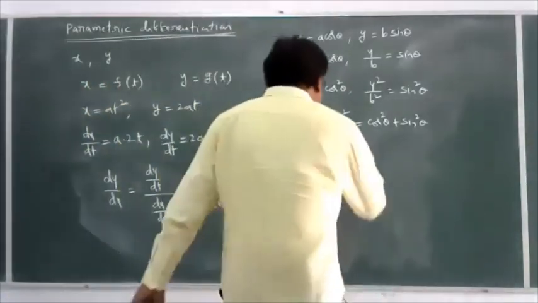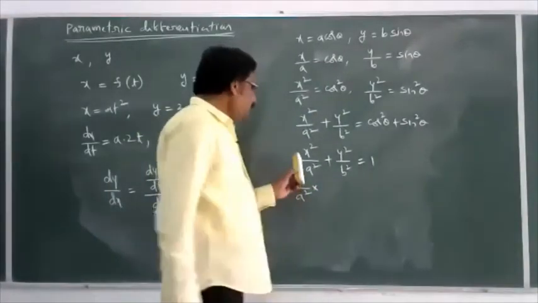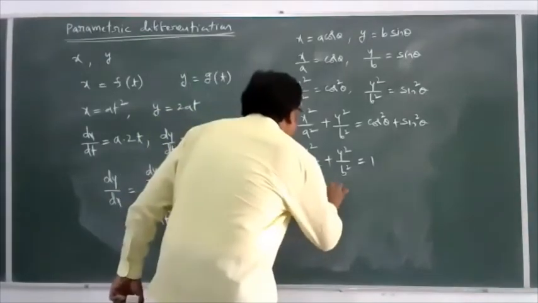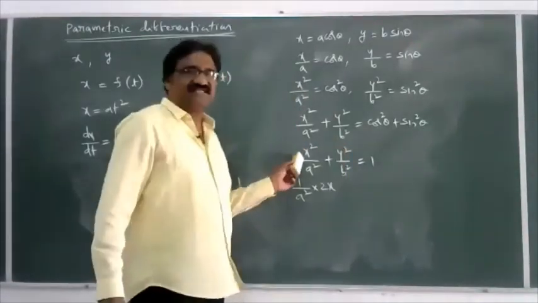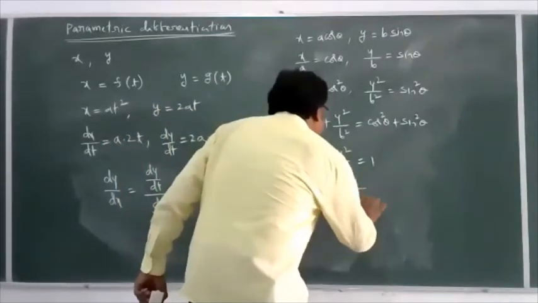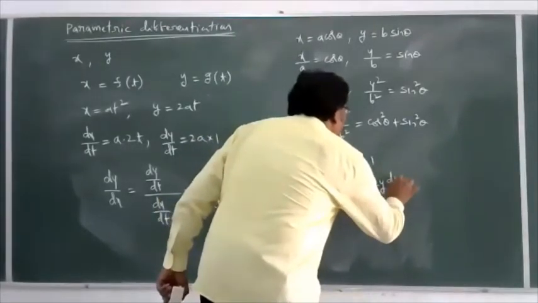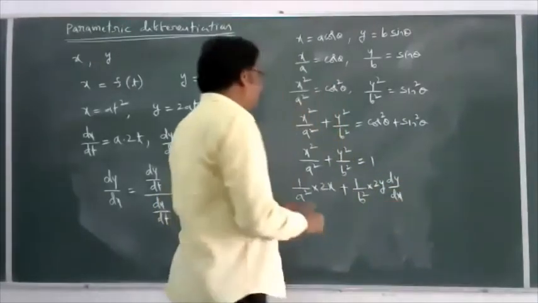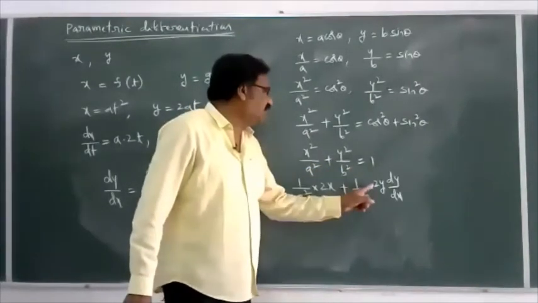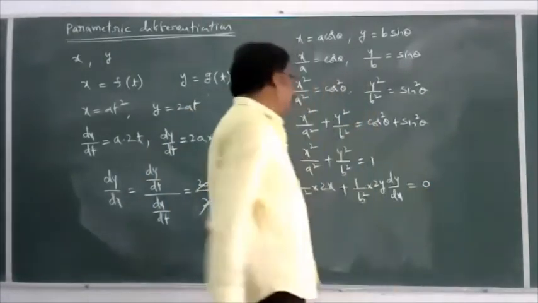So we want to differentiate this. 1 by a square is constant, into x square derivative 2x, plus 1 by b square is constant into y square derivative 2y into dy by dx, is equal to constant derivative 0.